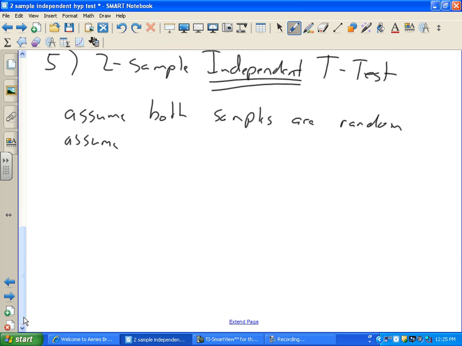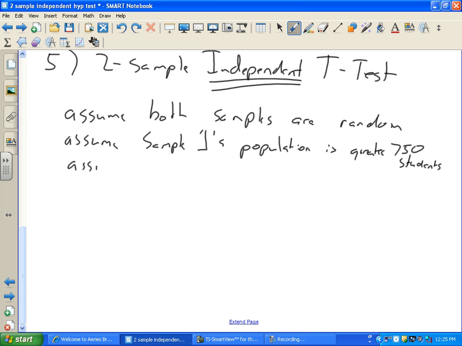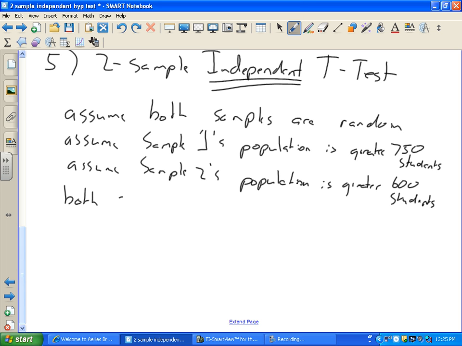I have to say, assume sample 1's population is greater than 750 students, and we have to assume sample 2's population is greater than, that just is what, 600, I think? 600 students. Both samples are sufficiently large.